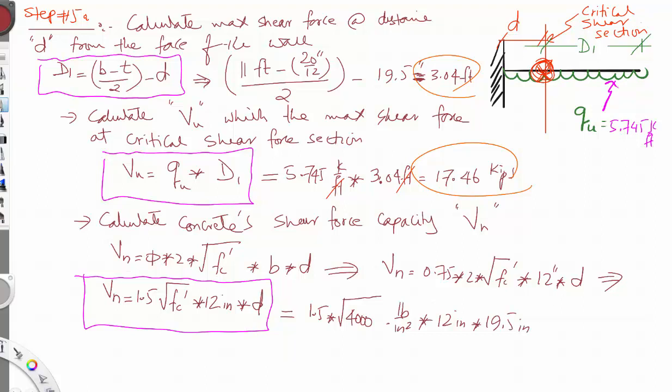If you look at the units carefully, you'll see inches cancel with inches, so we'll be left with pounds. And the value that we'd like to compare with is in kips, so we might as well at this stage also divide by 1,000 to convert this into kips.